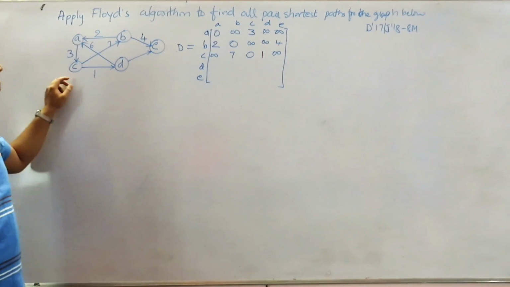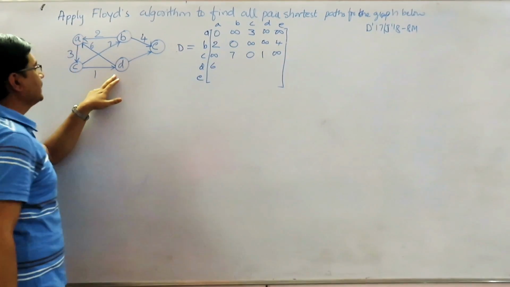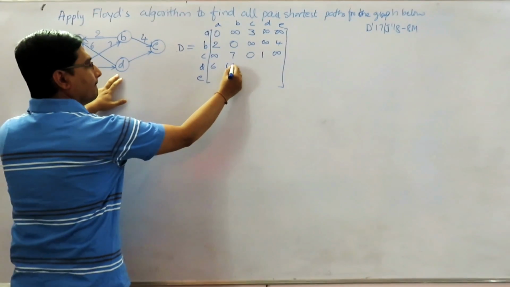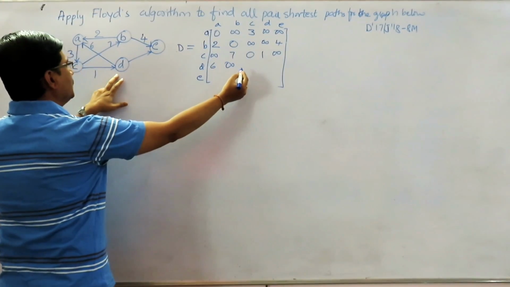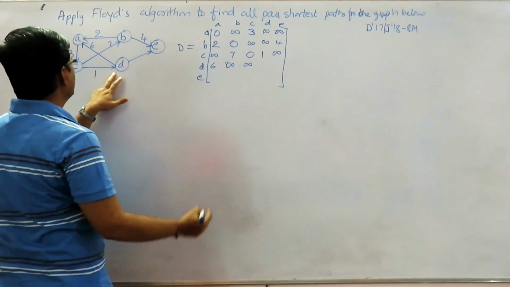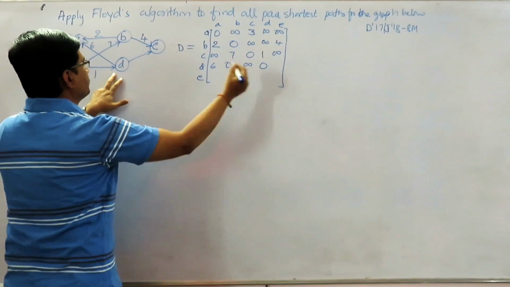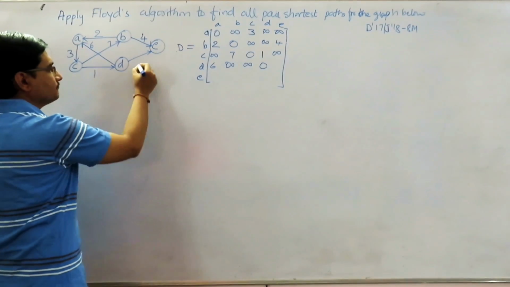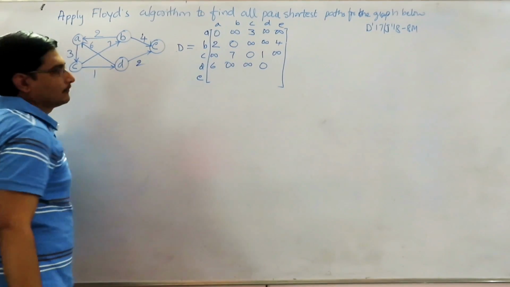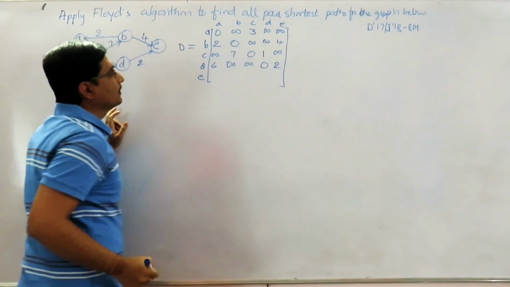D to A, there is an edge with a weight 6. D to B, there is no edge, infinity. D to C, it is infinity. D to D, 0 distance. D to E, there is an edge, 2.